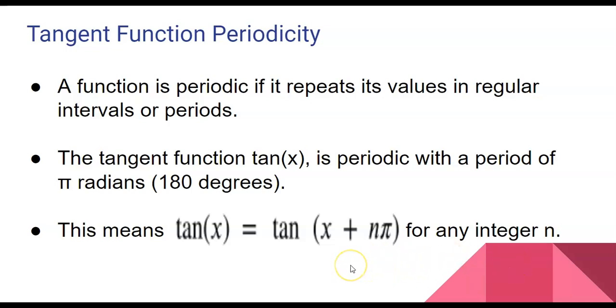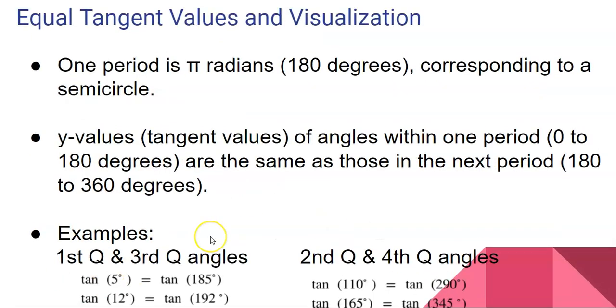The tangent value of a reference angle x is equal to the tangent value of that reference angle plus a multiple of pi, describing instances of one complete semicircle. We also discovered equal tangent values at the first quadrant and third quadrant angles, and in the second quadrant and fourth quadrant angles.